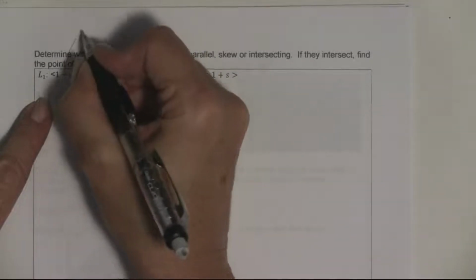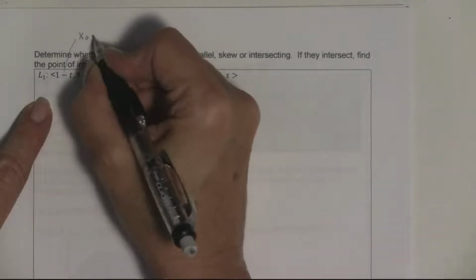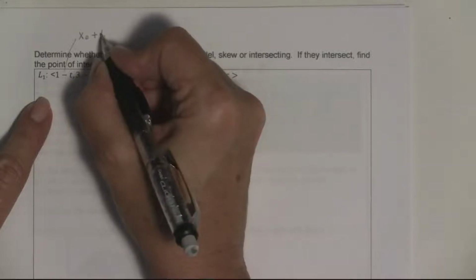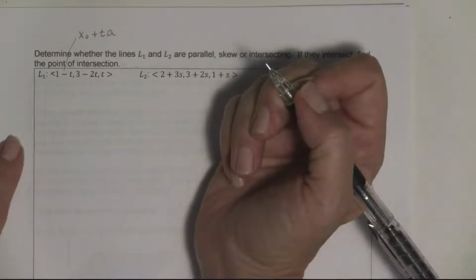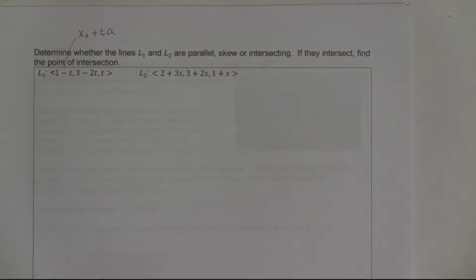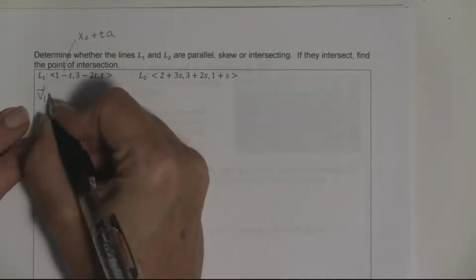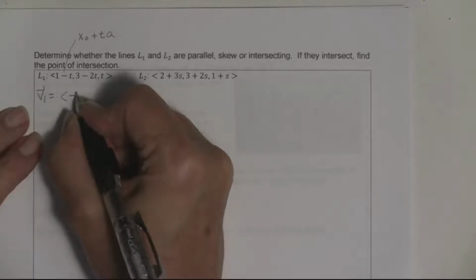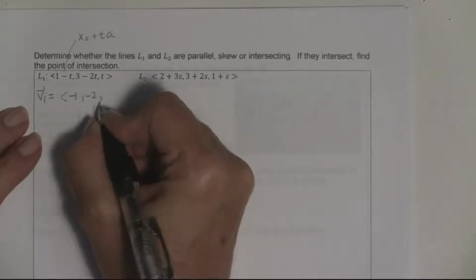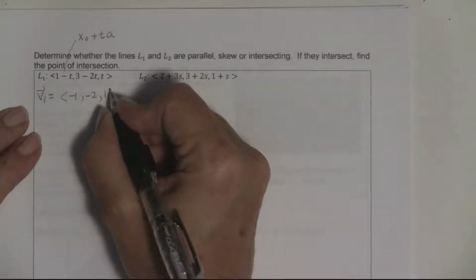In this spot, remember this is x naught plus ta, where a is your direction vector, because you need your direction vector to look at whether or not they're parallel. So v1 here equals -1, -2, 1, the coefficients of t.